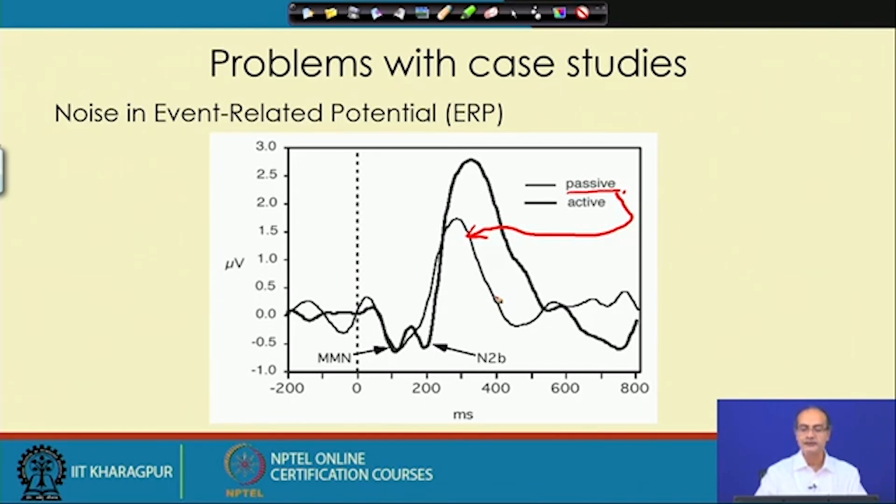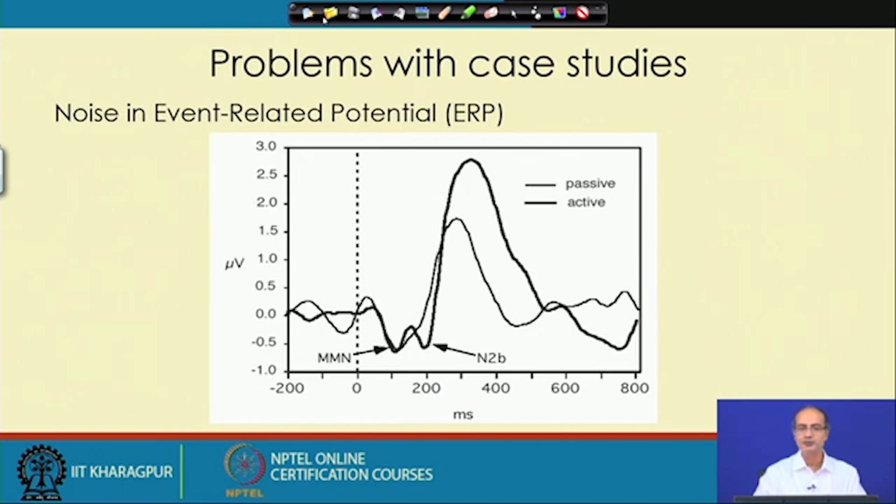Now, in the next case, where the active signal is collected, the suggestion is that out of these two tunes, one is a rare tune that is played only say 20% of the time, and the other is the dominant tune or more frequent tune, which is played 80% of the time.